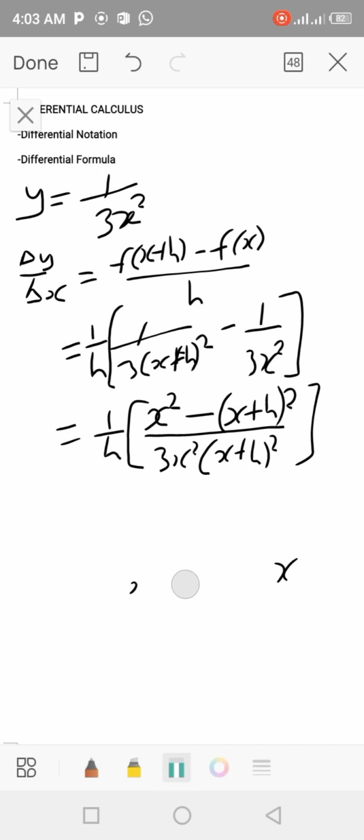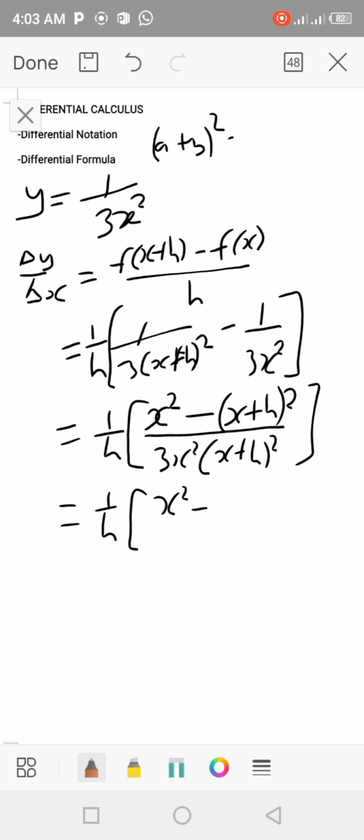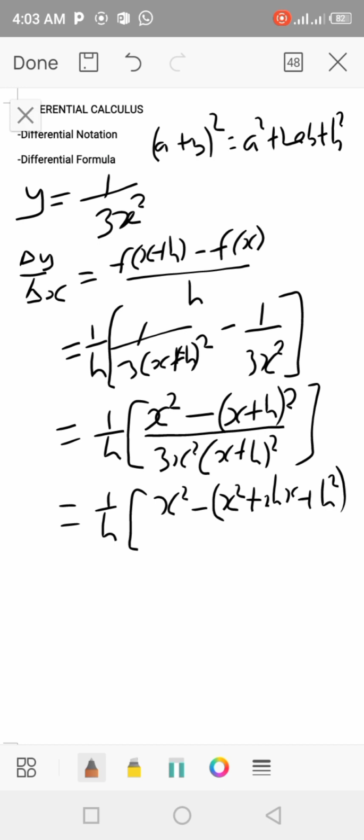So we combine the fractions inside the brackets. Next we have 1 over h into x squared minus, the square of a sum again, a plus b squared is equal to a squared plus 2ab plus b squared. So this is going to be x squared plus 2hx plus h squared in brackets, all over 3x squared times x plus h squared.